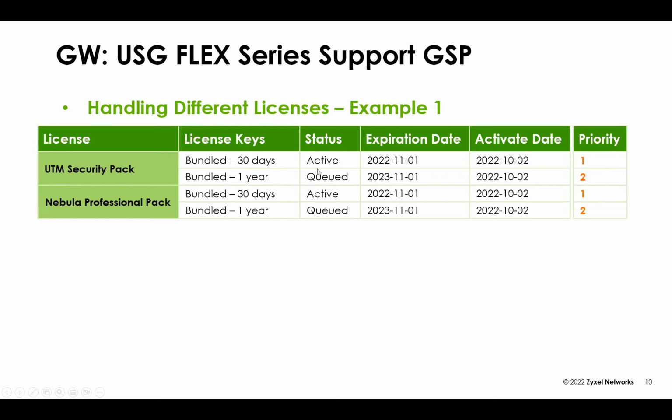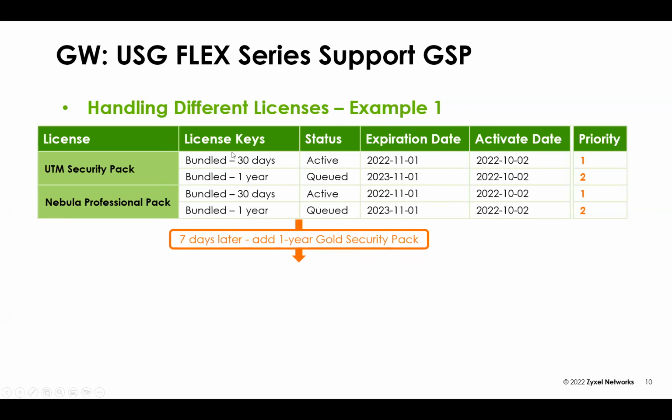If you have enabled your security pack for the UTM, you'll end up seeing that the 1 year ends up being queued because it has to consume the trial first. So the trial gets consumed first, and then it will activate the 1 year bundled license. In this instance, we see that the trial has the highest priority, and that gets activated first. And then after this is consumed, it will then consume the queued license of the 1 year license.